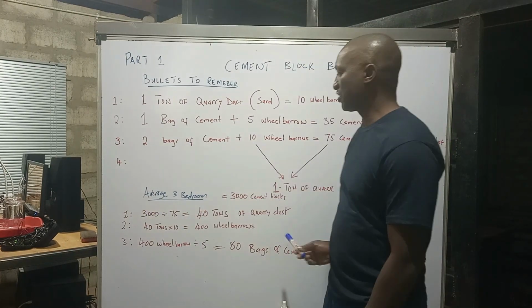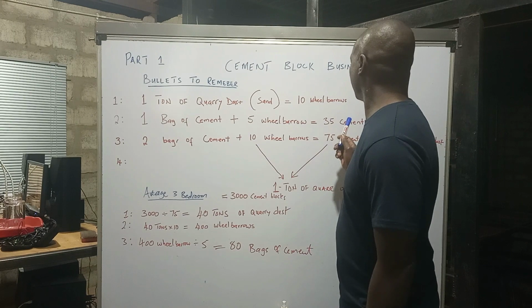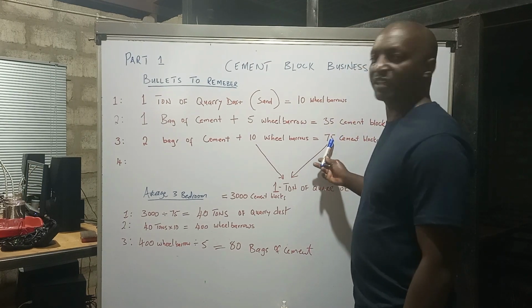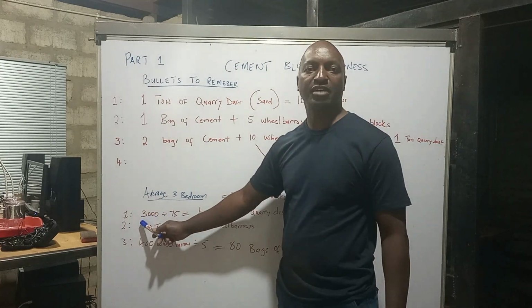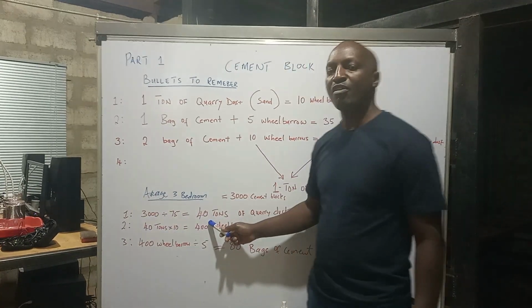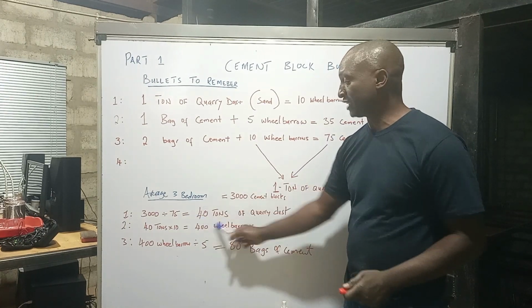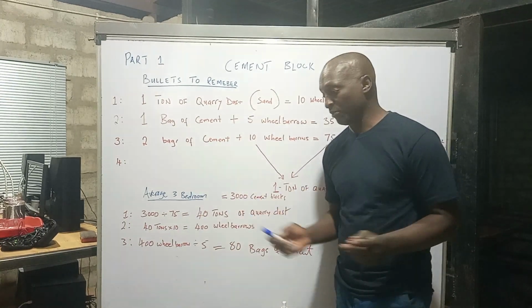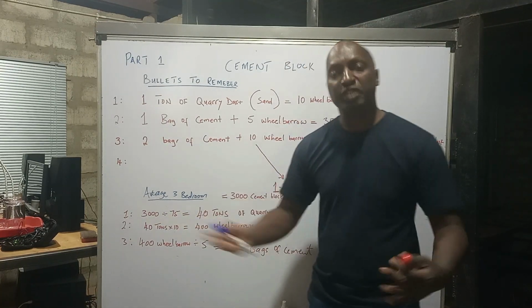Now, if you're using 3,000 cement blocks, we said that 1 ton is giving us 75 blocks. So we are dividing the 3,000 by 75. It's giving us now 40 tons. So for a 3-bedroom house, you're going to use 40 tons of quarry dust. For those who are in construction, please tell me if you feel that I'm wrong.